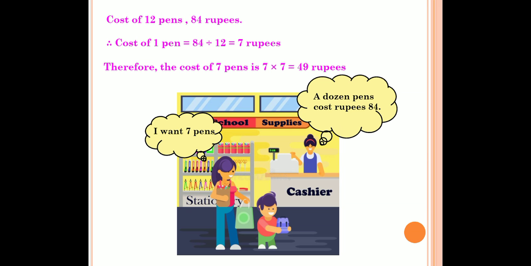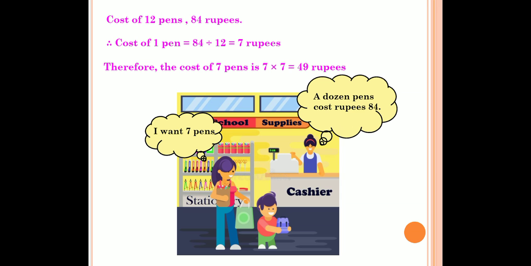Therefore the cost of 7 pens will be 7 into 7. One 7 is the number of pens the child wants, and the other 7 is the rupees. So 7 sevens are 49. So when the child says he wants 7 pens, he has to pay rupees 49 and not 84, because 84 is for 12 pens.